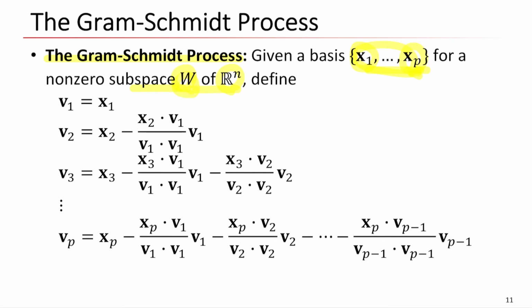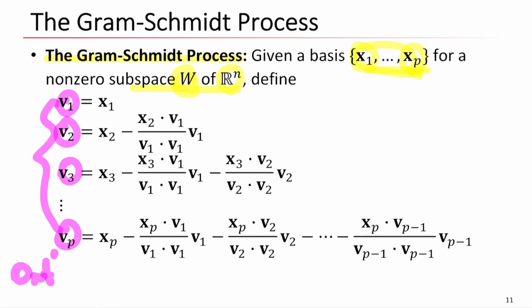Then how can we do that? So our goal is to find v1 and v2 through vp. They are an orthogonal set, an orthogonal basis. Right. Let's do that.